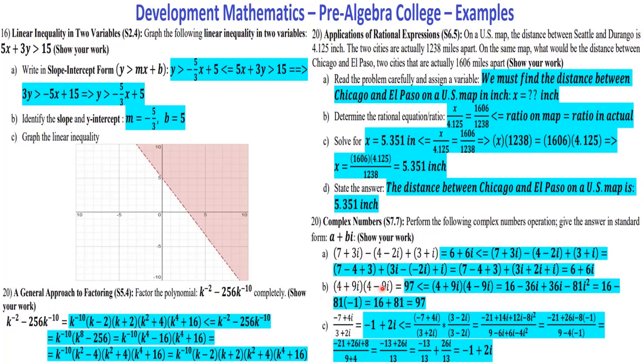Those are conjugate complex numbers, which gives you 97. The multiplication of two conjugate complex numbers is always real. Then you have division of two complex numbers, and you will end up with minus 1 plus 2i.